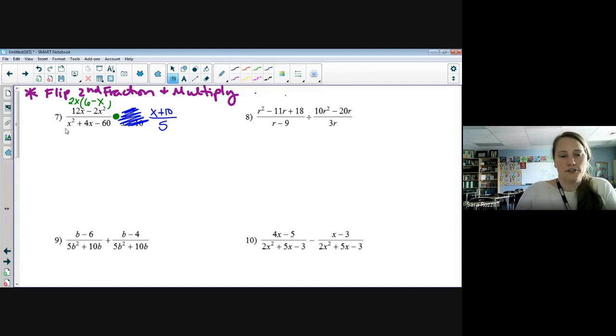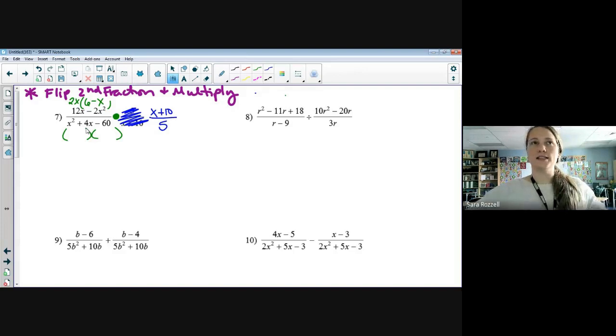And then we're going to factor this denominator. What multiplies to 60 and can get us to 4? 10 and 6. Good. So x plus 10, x minus 6.